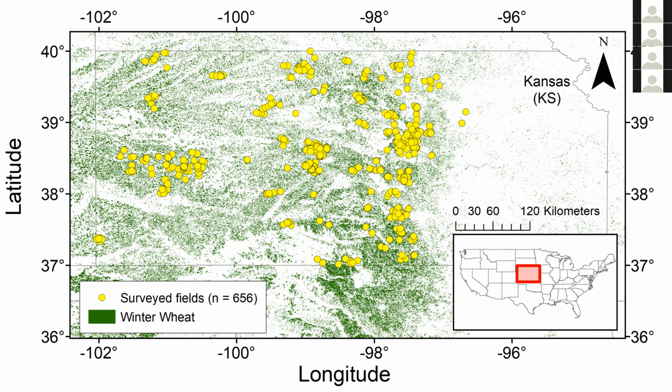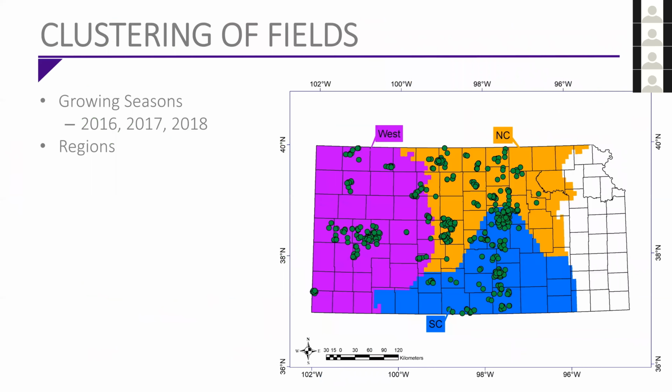So what questions can you ask here? First is how our growers are managing their wheat, and second, how is that management affecting yield? Just for us to work in smaller regions that were maybe a little bit more even as far as weather goes, we again divided the state into 3 different regions: North Central Kansas, South Central Kansas, and Western Kansas.